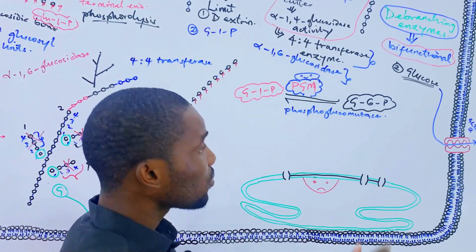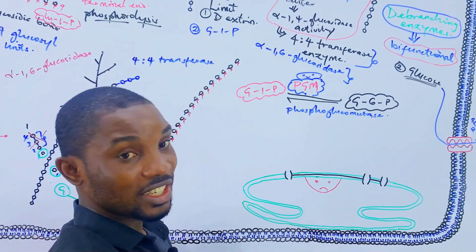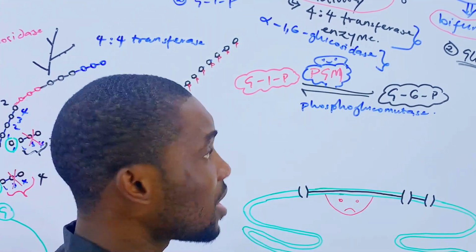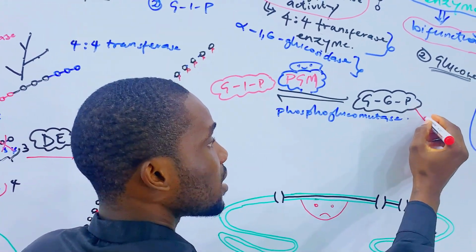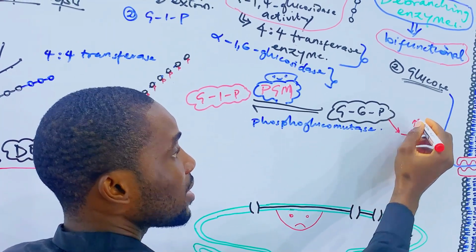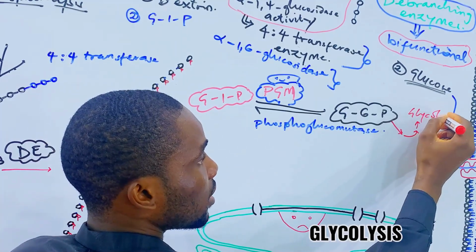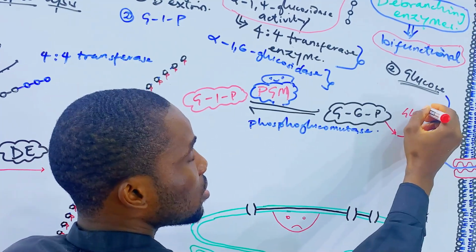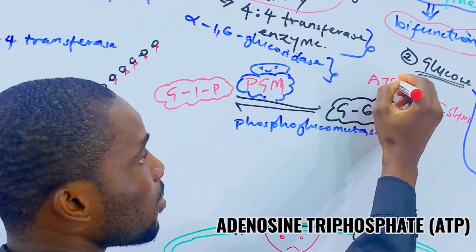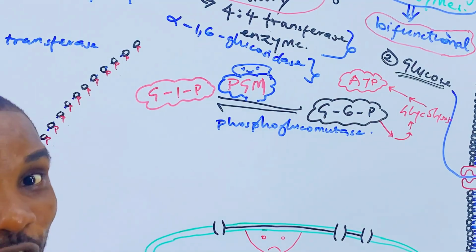How does it do that? This glucose 6 phosphate, the muscle decided not to have an enzyme that will break this glucose 6 phosphate. So the glucose 6 phosphate in the muscle then enters which reaction? Glycolysis. So it enters glycolytic reaction, glycolysis, in order to release what? ATP. That is necessary for muscle contraction, right?